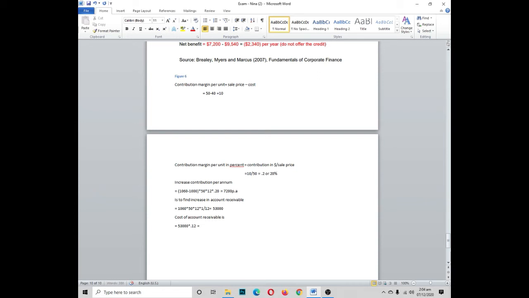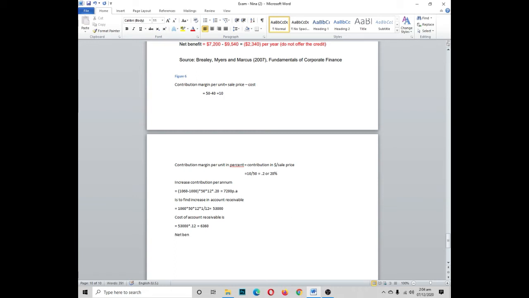So if we multiply 53,000 by 12%, the answer is $6,360, the cost of accounts receivable.